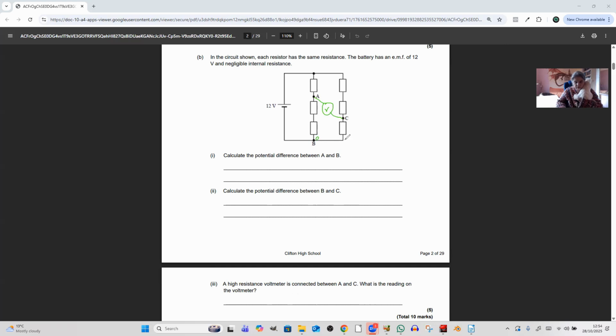Remember that this was 0, 0, 4, 4, 8, 8. That also 4 then. Yeah, it's going to be 4 volts, isn't it? Can you see how easy this is now? I hope you can.